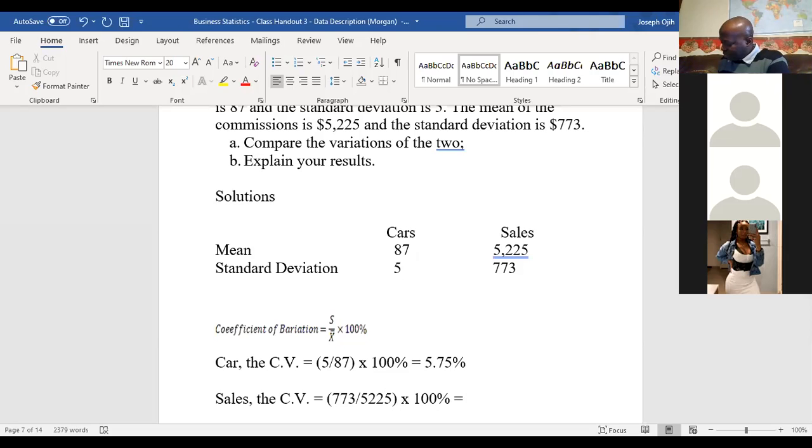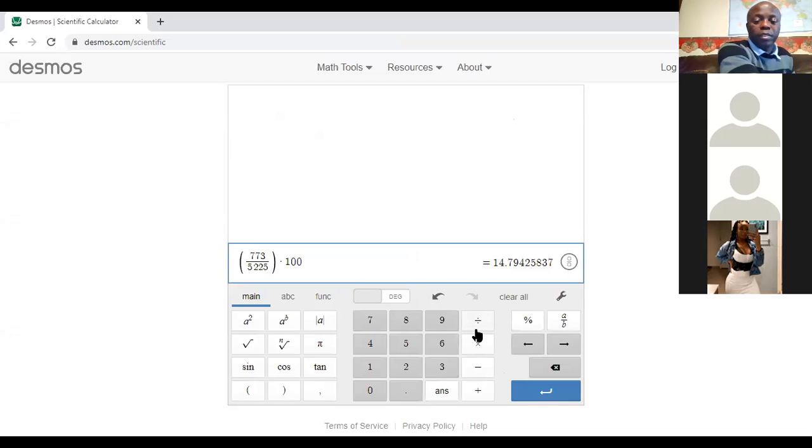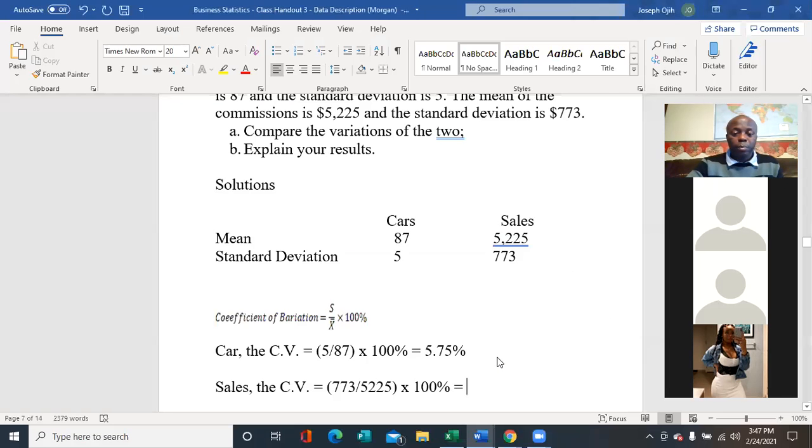So 773 divided by 5225 times 100. I got 14.79%.